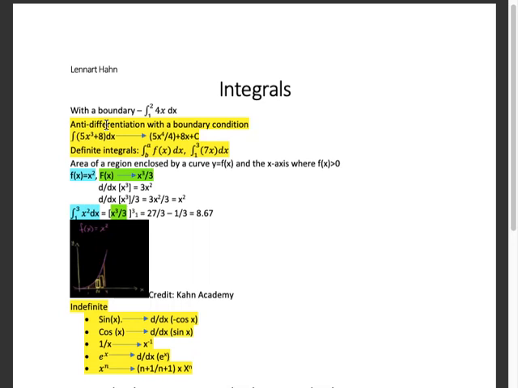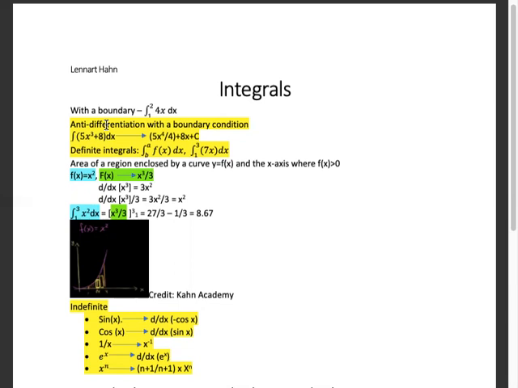For example, an integral with upper boundary 2 and lower boundary 1 of 4x dx. But this can also be in any type of variations and combinations. So, for example, 3 upper bound, 2 lower bound. And that's what that boundary means, that there is said upper and lower boundary, right?